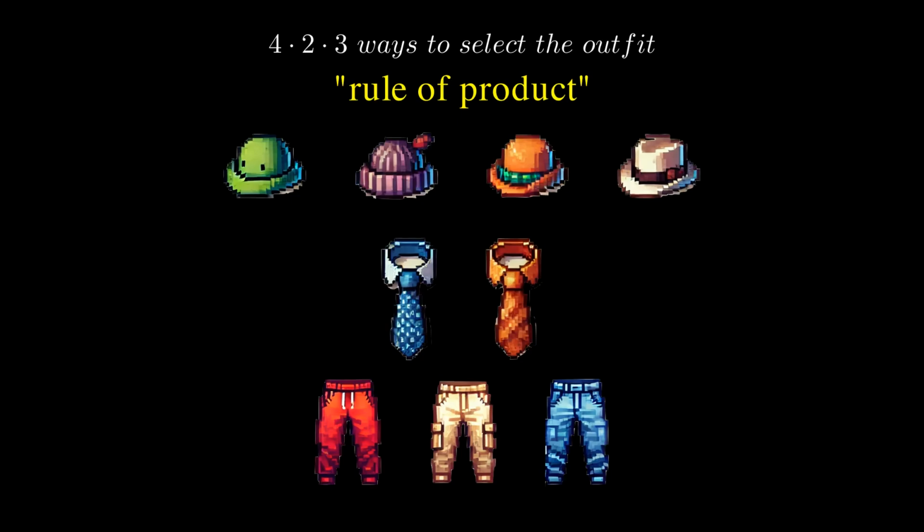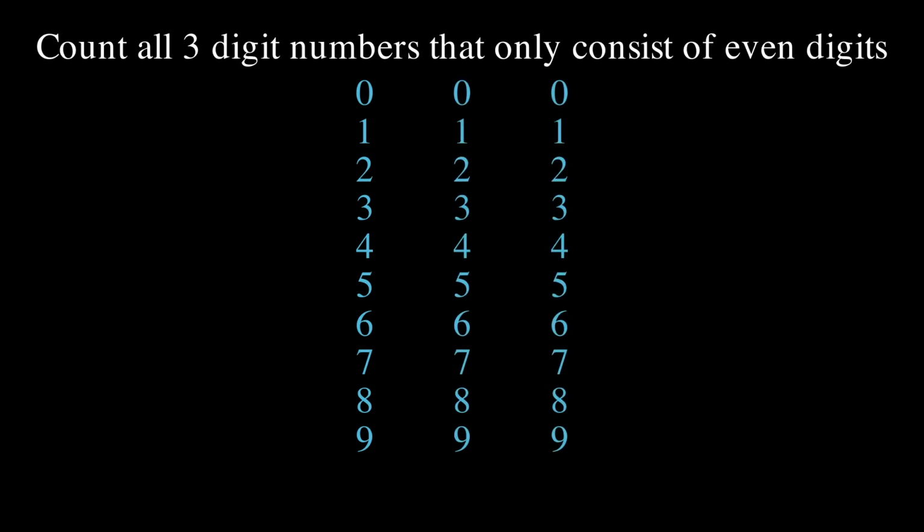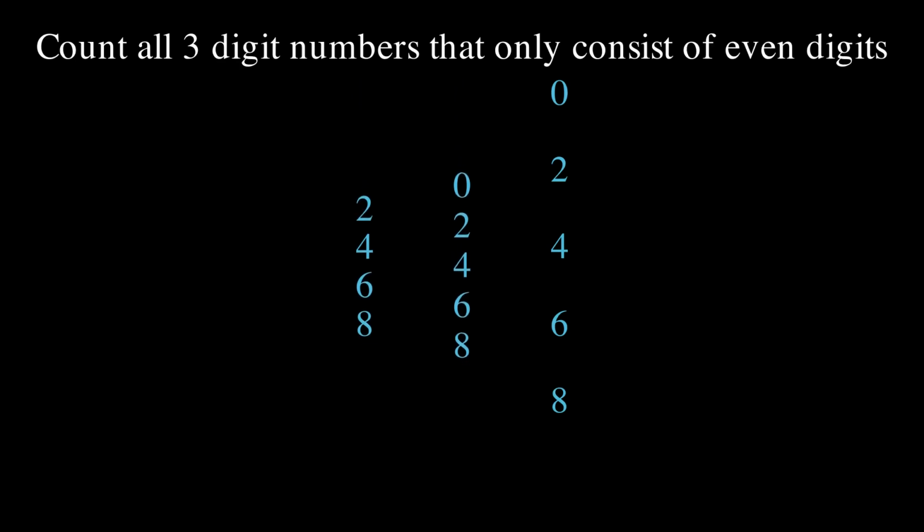Let's look at a concrete example with numbers. If we want to form a 3-digit number where all the digits are even, we can use the multiplication rule. First, we identify which digits we are allowed to use and exclude those that do not meet the conditions. We can use the digits 0, 2, 4, 6, and 8, but we cannot have 0 as the first digit.